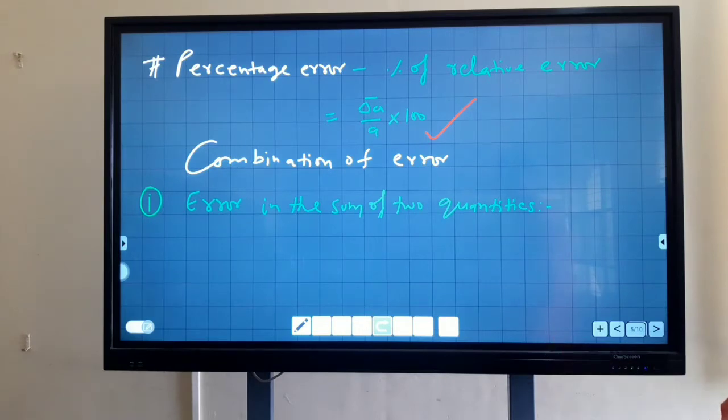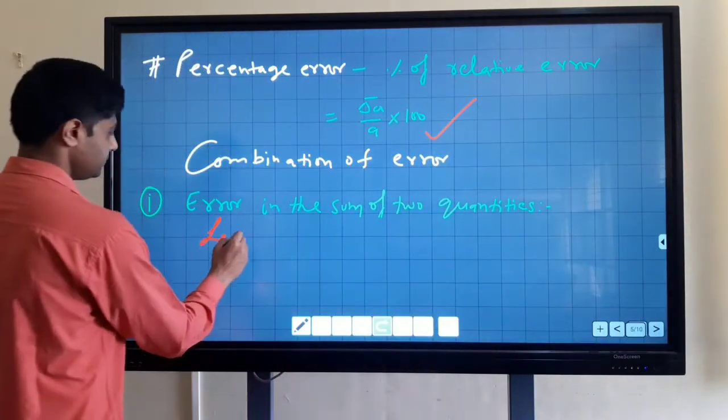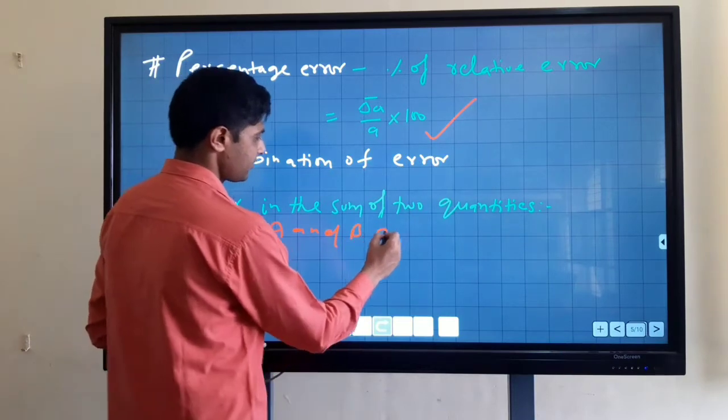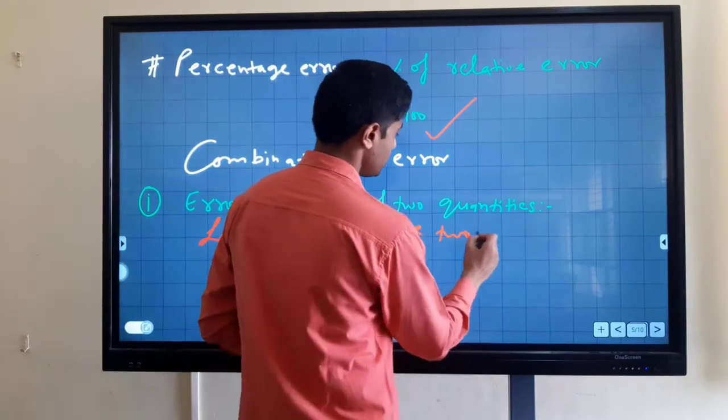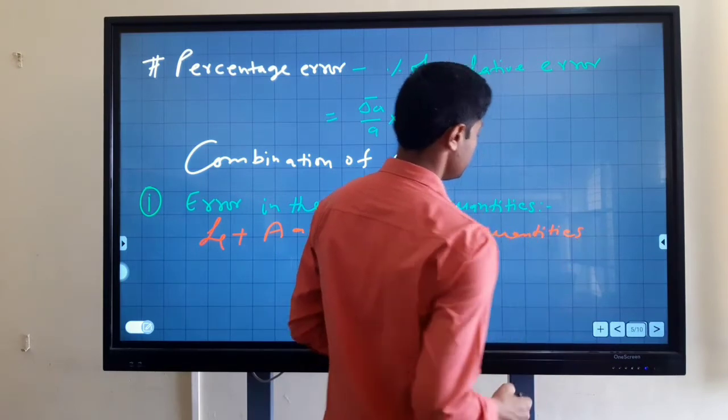Error in the sum of two quantities. Let A and B be two quantities.